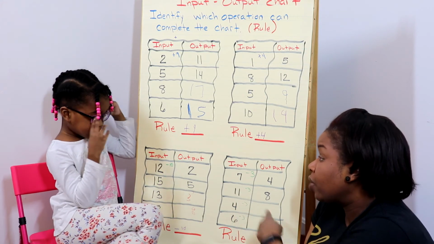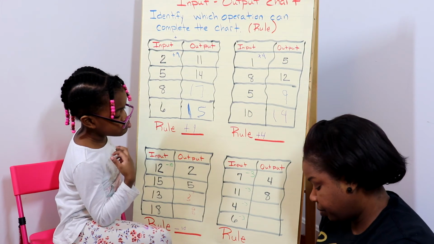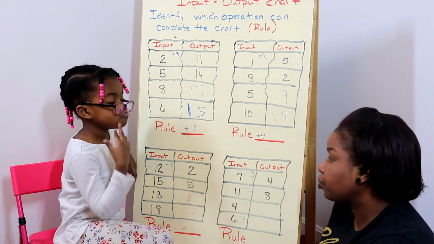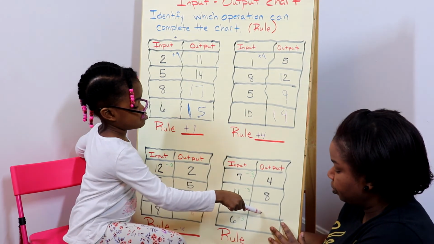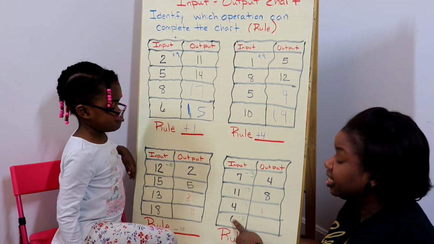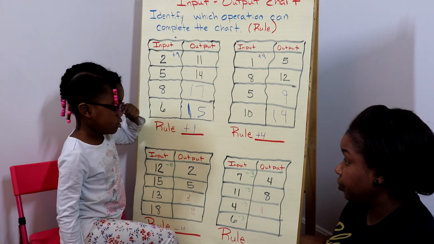We have 4 take away 3. What's 4 take away 3? All right, write it up. Okay, last one, 6 take away 3. 6 take away 3 is 3.